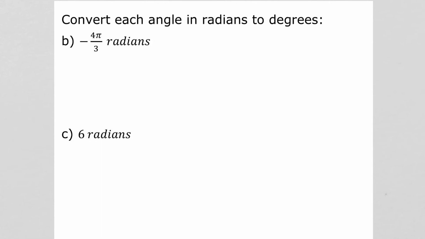Negative 4 pi over 3. So multiply by 180 over pi. So we'll do 4 times 180 and divide by 3. We get negative 240 degrees. And last, 6 radians. This time we don't have a pi, but that's okay.